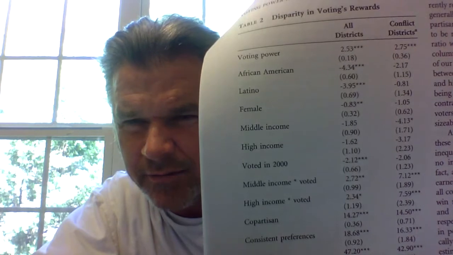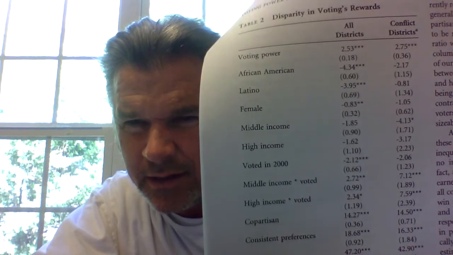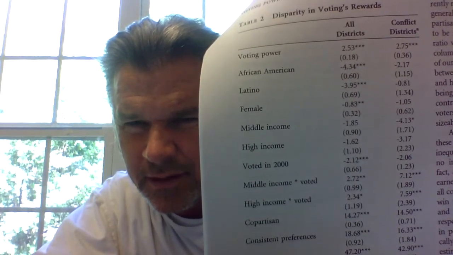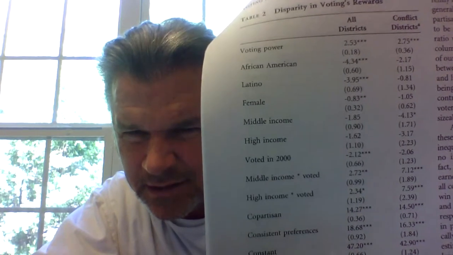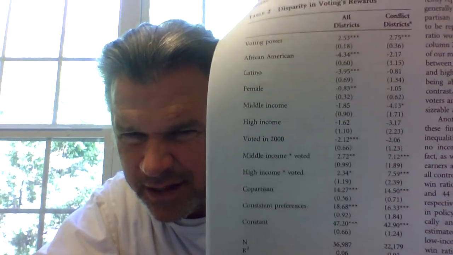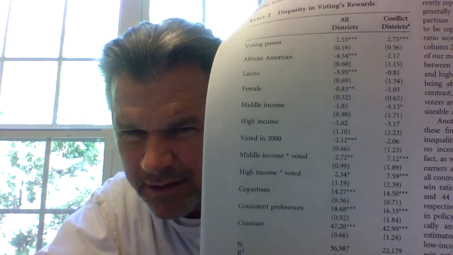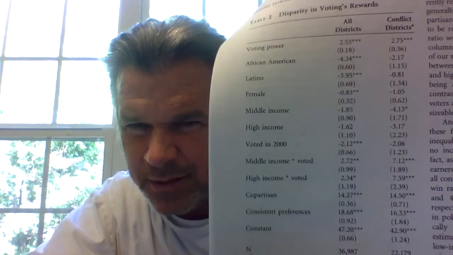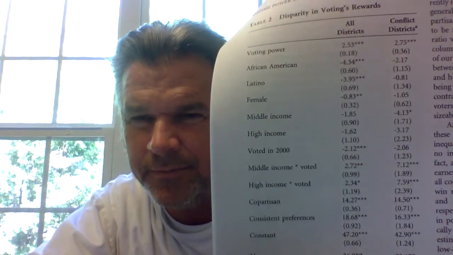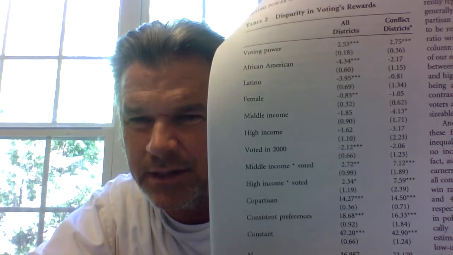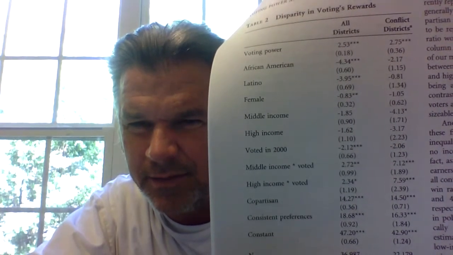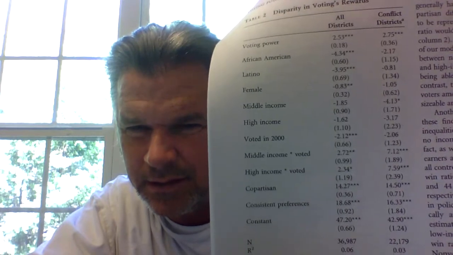Go down in the conflict districts. Middle income lowers policy representation. Then the interaction terms again. Being middle income and voted increases policy representation. Being high income and voted increases policy representation.